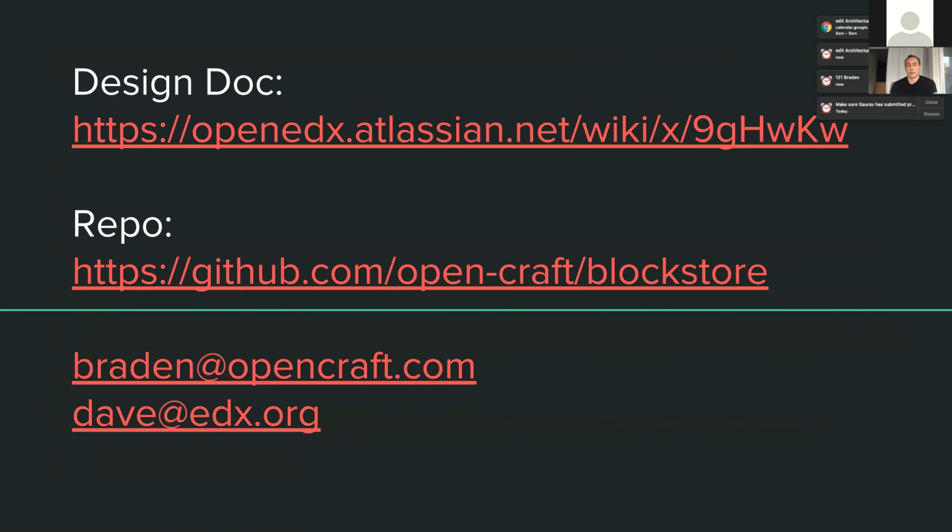Another question: will any other backends besides S3 be tested? Certainly on DevStack, we just use the normal Django storage, which stores on a file system and supports single server use cases. So if anyone's deploying Open edX to a single server, they could use the file backend. In terms of Azure, Google Cloud Platform, etc., we don't have any plans to test those.